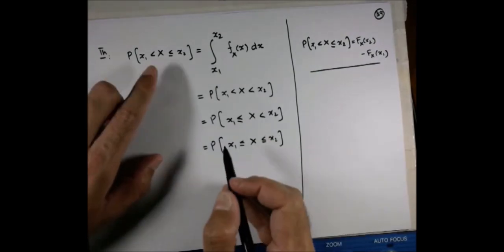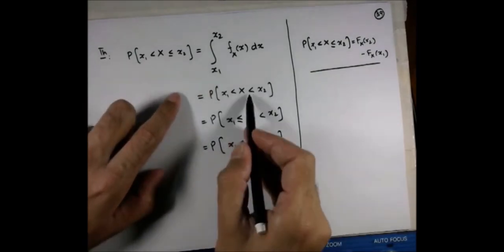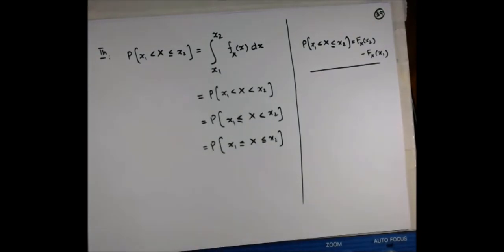So you see, the loose and strict inequalities behave the same way. Why? Because the random variable is of continuous nature.